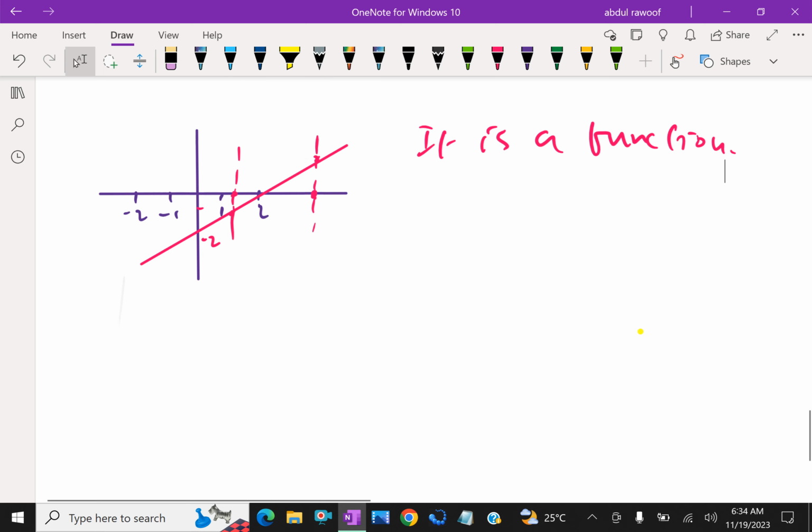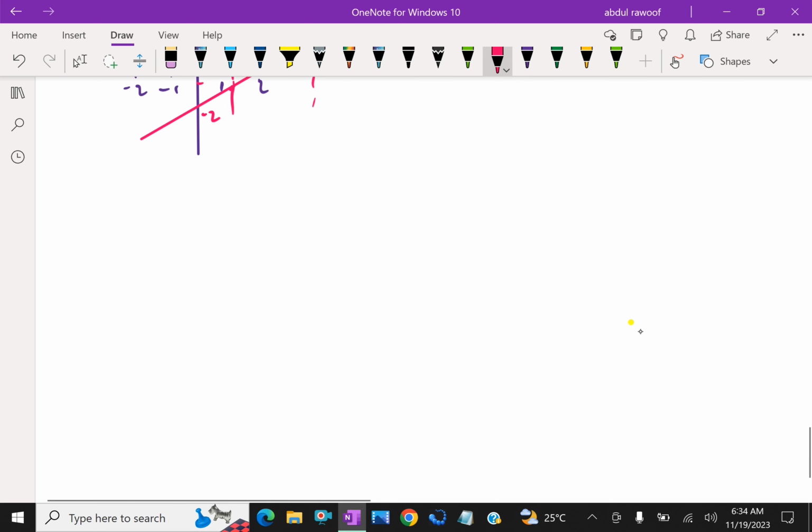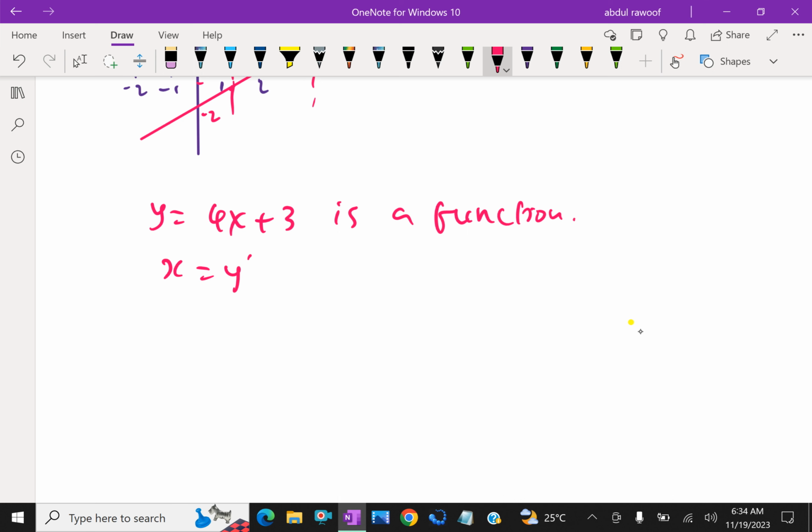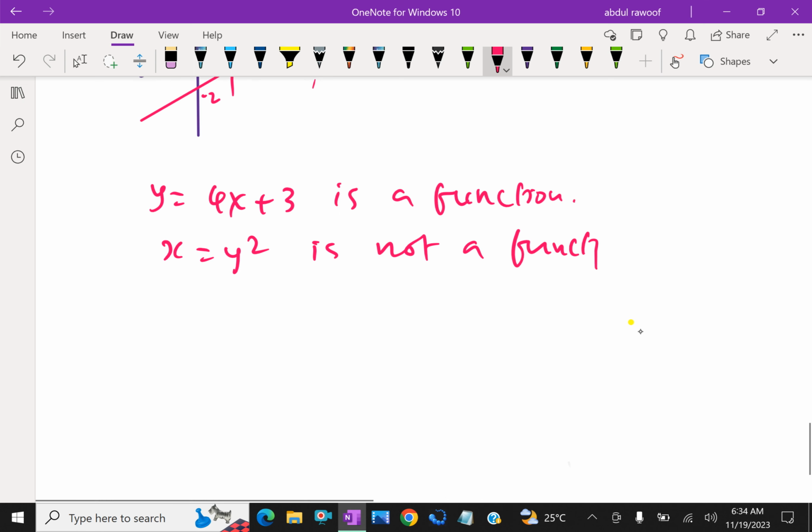Now, for example, y equals 4x plus 3 is a function, so for any value of x there is only one value of y. Then next, x equals y square is not a function.